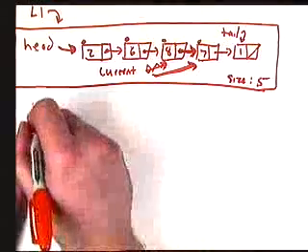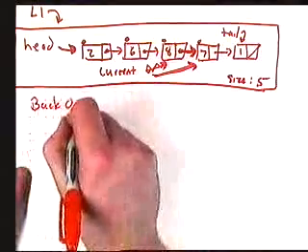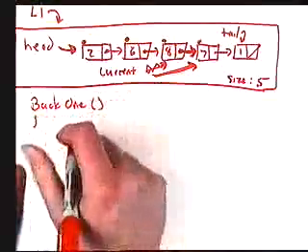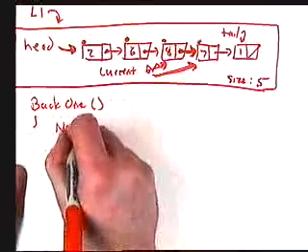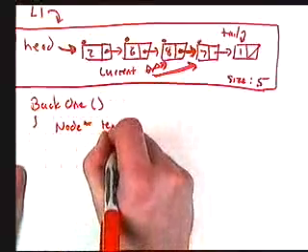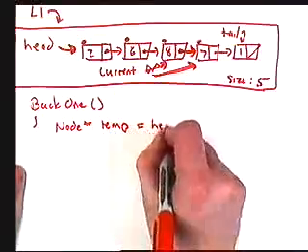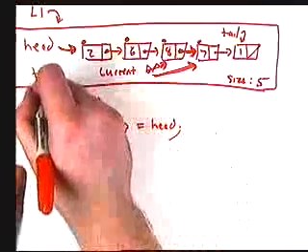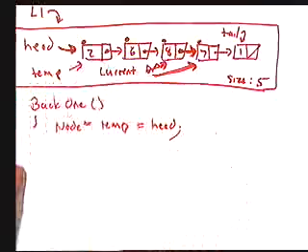So if you're going to deal with back one, as far as writing code, first thing you'd have to do is have a node pointer temp equals head. So we would position temp right there.